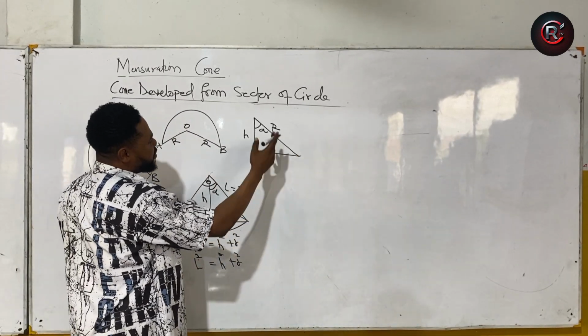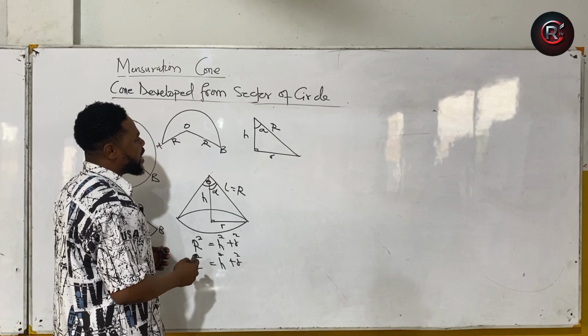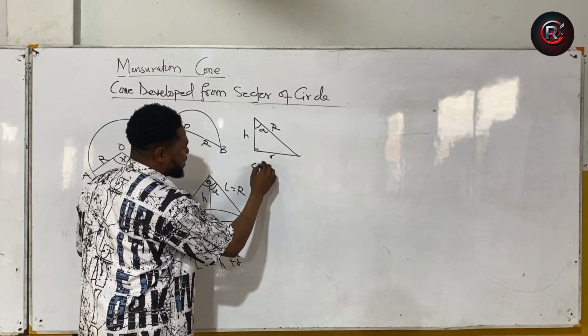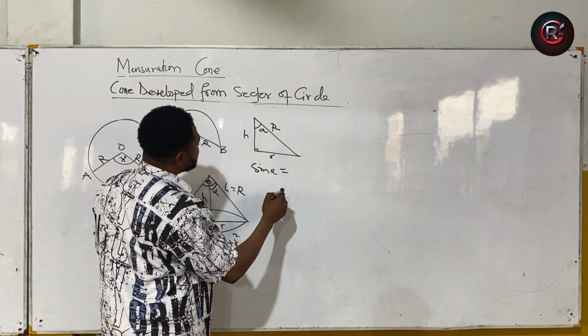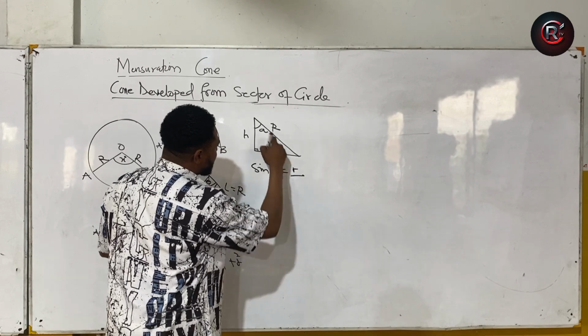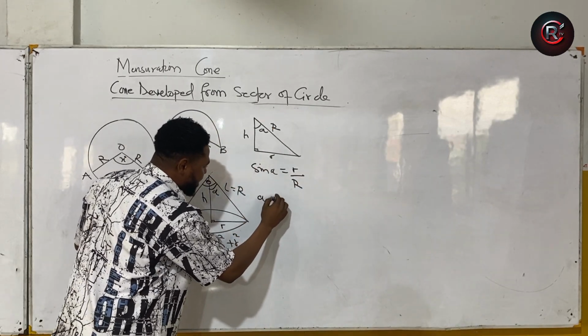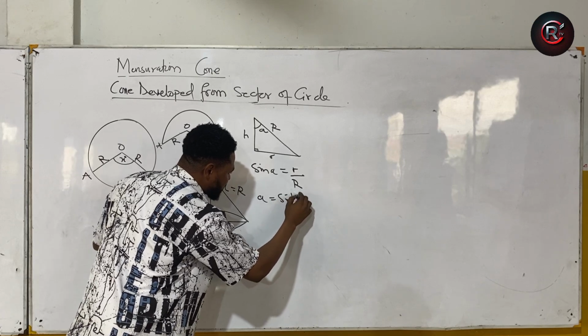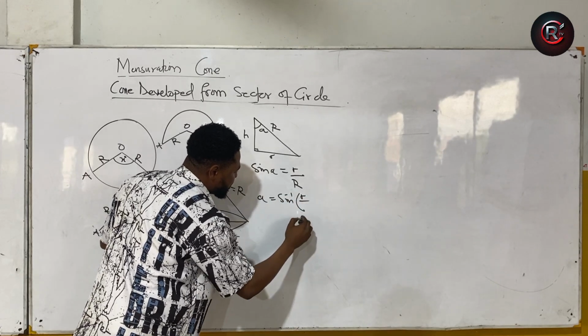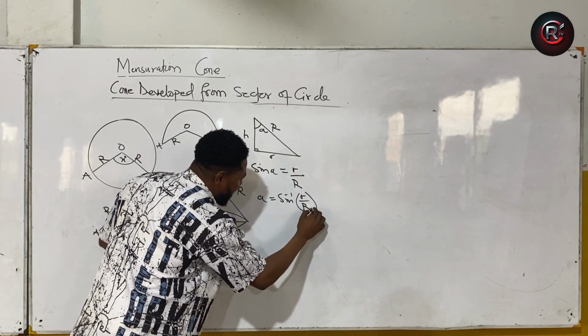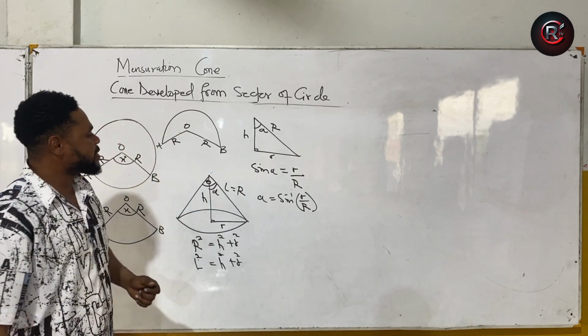So let's say we want to use our sine, opposite over hypotenuse. So we can say sine alpha equals opposite, which is r, over hypotenuse, that is big R. By making alpha the subject, alpha will be equal to sine inverse of the base radius of the cone divided by the radius of the sector.